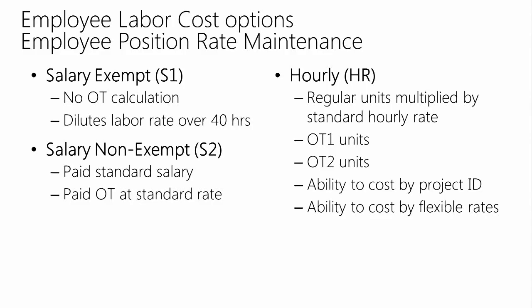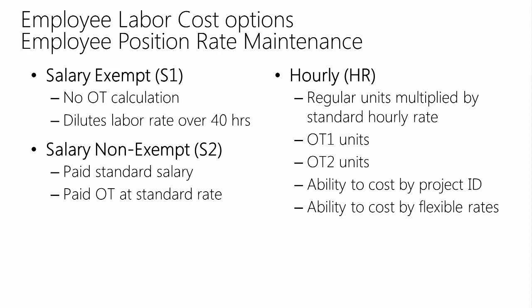So this slide is a recap of that. So salary exempt has no overtime calculation at all. If they've been set up as salary exempt, there will not be an overtime calculation, and it just dilutes any hours over 40. If they're salary non-exempt, they will be paid their standard salary, and if they enter any time into the overtime field, that will get paid at their standard rate.